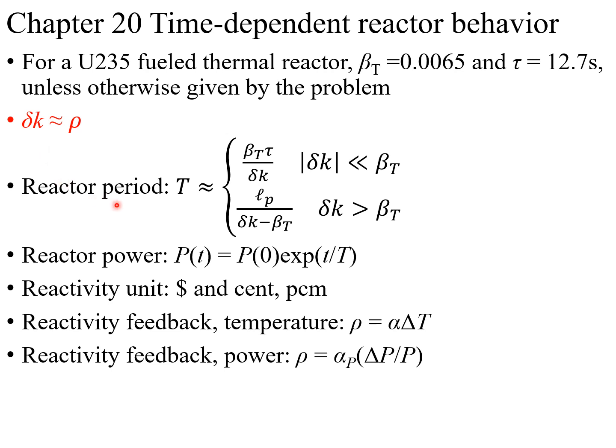We need to calculate the reactor period T. This reactor period T has two branches. If delta K or rho is much smaller than beta, then we calculate the period according to this formula. If delta K is larger than beta, then we calculate the reactor period according to this formula. This l-prime is the prompt neutron lifetime.